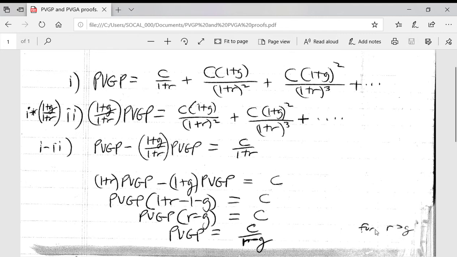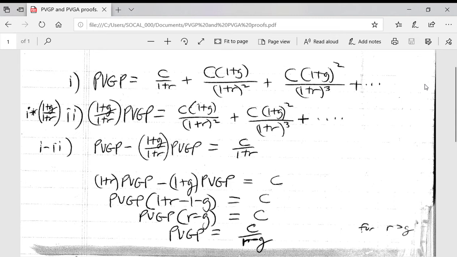But if g is bigger than r, then 1 plus g over 1 plus r is going to be bigger than 1. And so the idea is, therefore, this term will be larger than this term. Because in order to get this term, I multiply this by 1 plus g over 1 plus r, which is greater than 1, this term will be larger than this term, and that never ends.